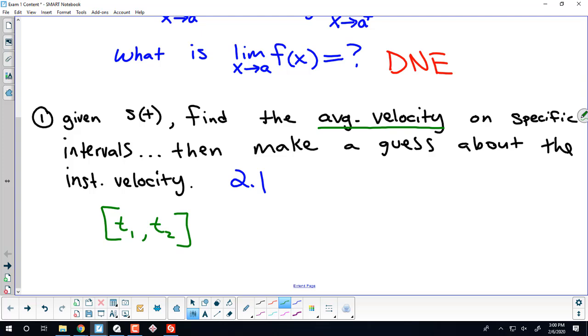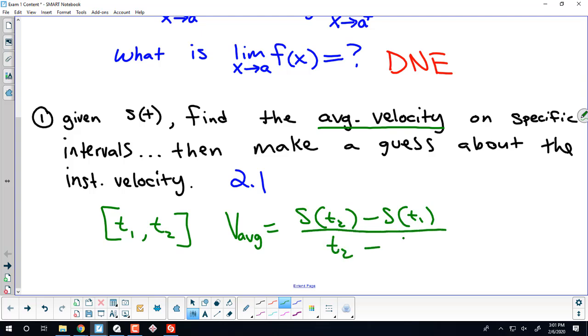The average velocity was just the slope of the line connecting those two points. So it was the position at t2 minus the position at t1, the change in your y values over the change in the t values.